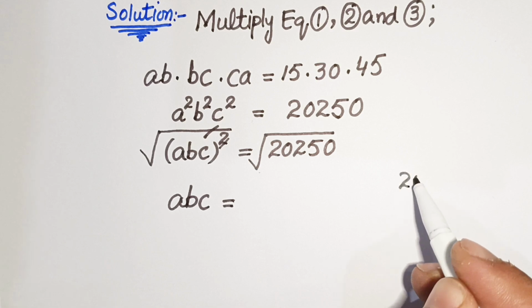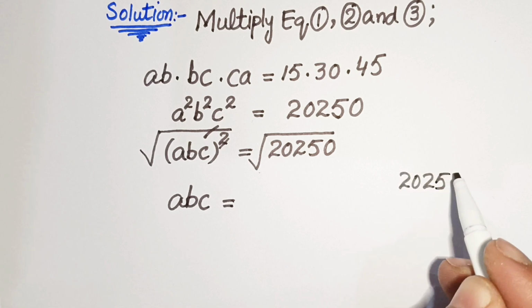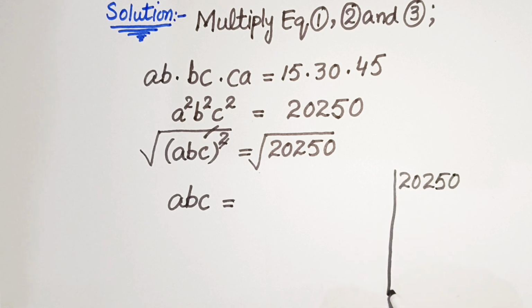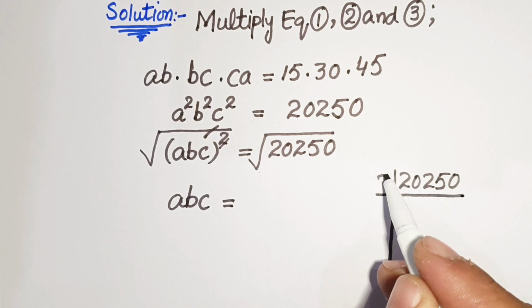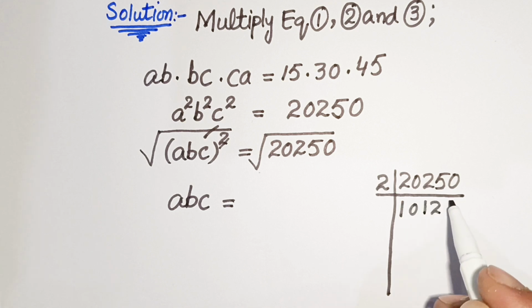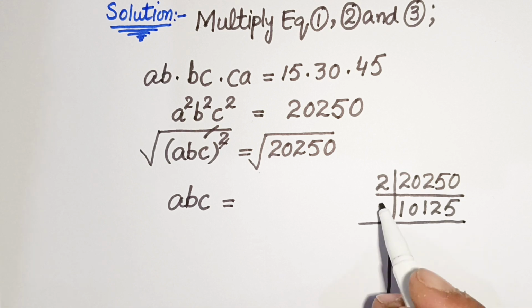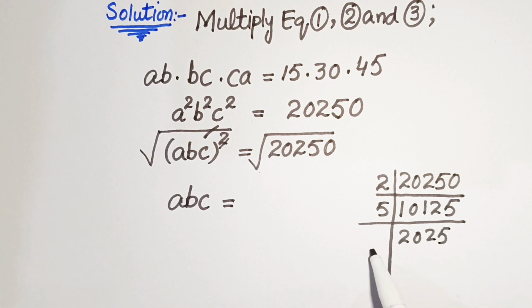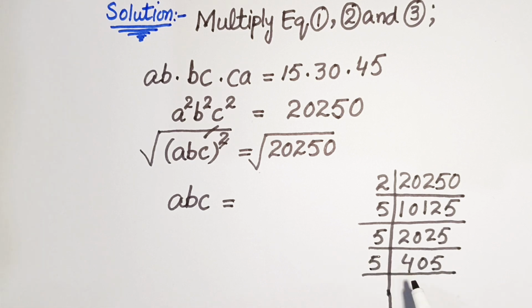Dividing by 2, we get 10125. Dividing by 5, we get 2025, and again by 5 we get 405, and again by 5 we get 81.